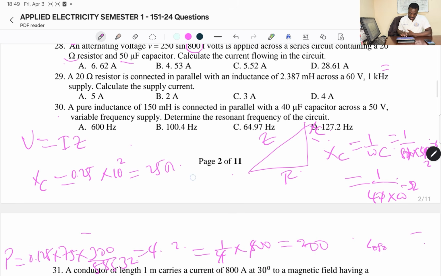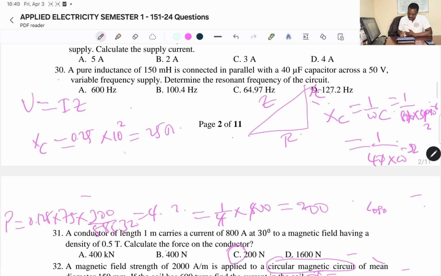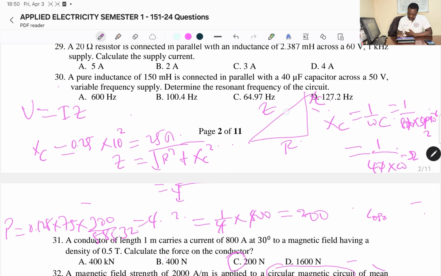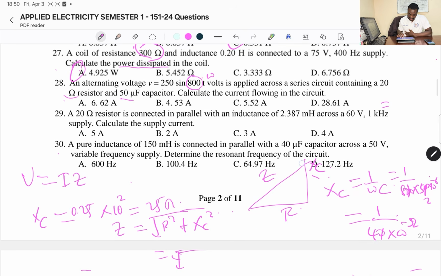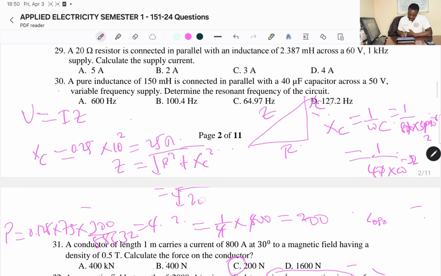So once I know this, I can get the impedance. We know the impedance, the same formula, equals the square root of R square plus XC square, meaning the capacitive reactance square. The resistance is 20, so 20 square plus 25 square, then the square root of that.